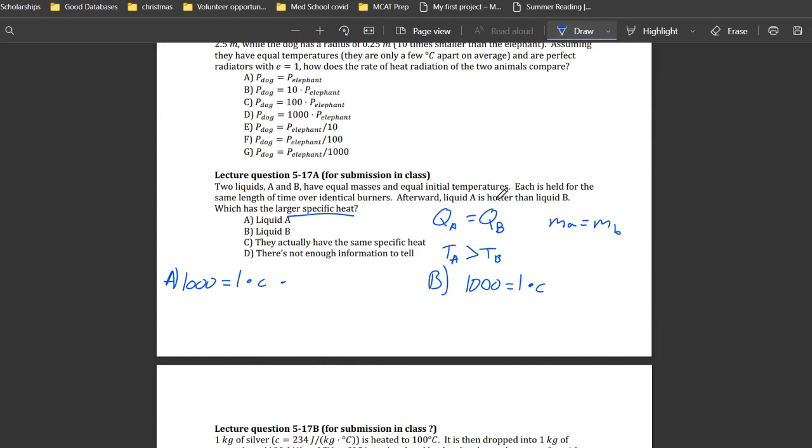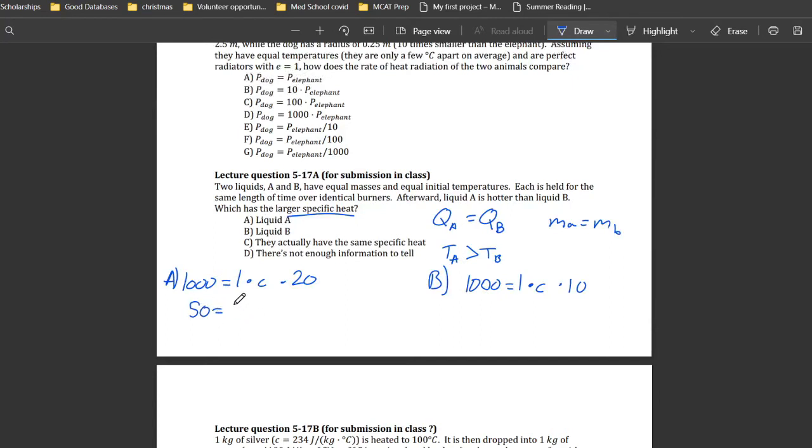So let's say that liquid A increased by 20 degrees, whereas liquid B only increased by 10 degrees. So simplifying each of these out and solving for C, we see that 20 times 1 is 20, and then 1,000 divided by 20 is 50. It is 50.